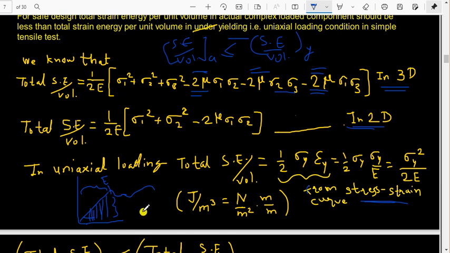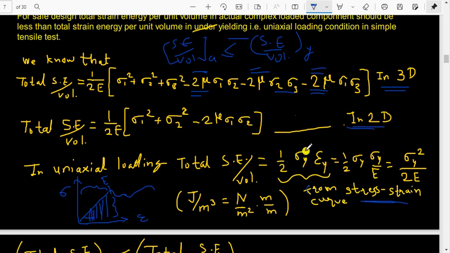You know that half into base into height. Here we are getting half into sigma y, as on this axis there will be stress and here will be strain. So half into sigma y into epsilon y is the strain energy.